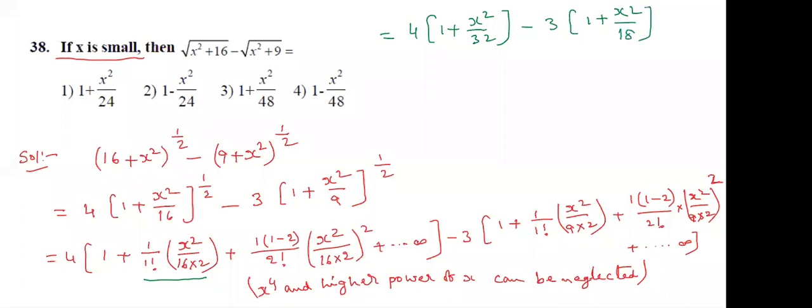Now multiply these two: 4 plus 4 into x square by 32, 4 eights are 32, cancel. Minus 3 minus 3 into x square by 18, 3 sixes are 18, so x square by 6. 4 minus 3 is 1, plus x square by 8 minus x square by 16.